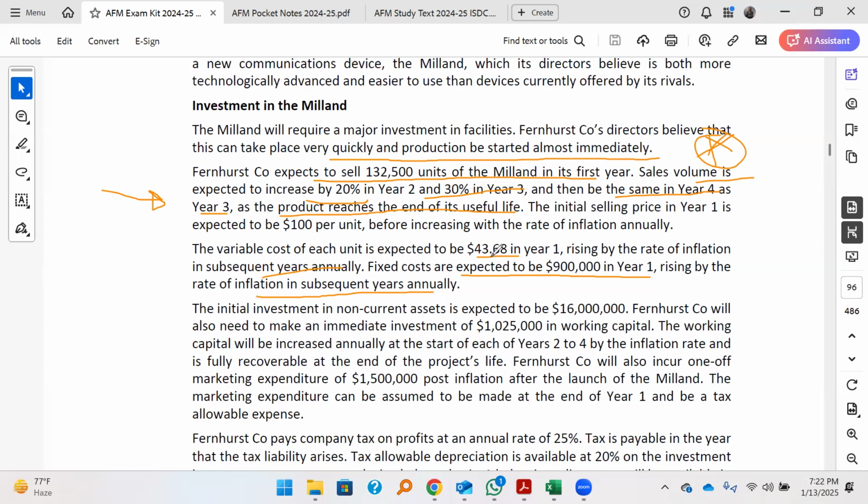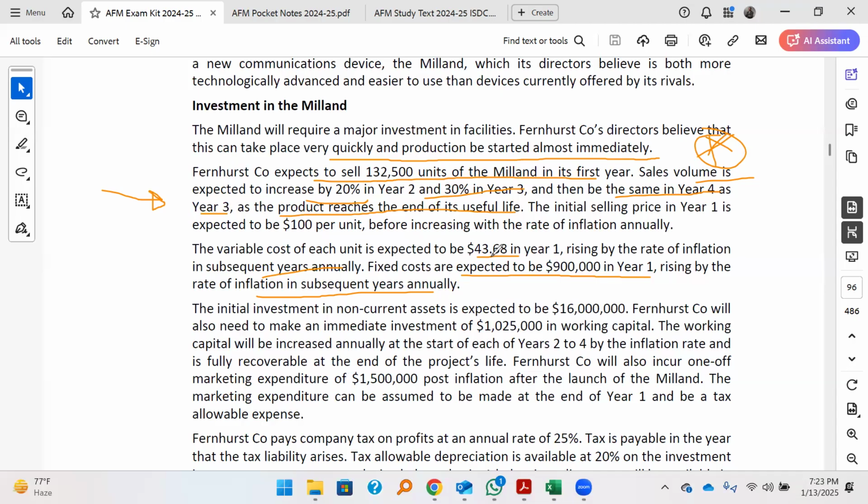Okay, we shall see that inflation, when you talk about it, you talk about nominal value or real value. Current terms means they are just giving it to you in money terms, nominal value. So when you are going to use it, you have to make sure that if everything else is being inflated, you should also inflate it. And there are different ways of dealing with that, which, as we said, are things we already know from financial management. In case you don't remember them, you can always get a quick look in the textbook or the pocket notes to get up to speed.